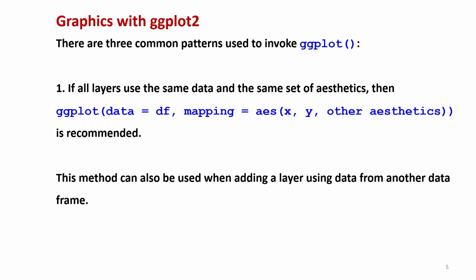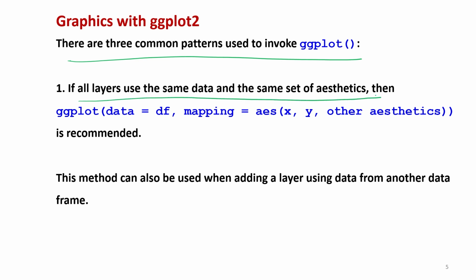So basically there are three common patterns which are used to invoke the ggplot function. The first one is if all layers use the same data and the same set of aesthetics, then we use the command ggplot, then within parentheses data, which is in the format of a data frame.